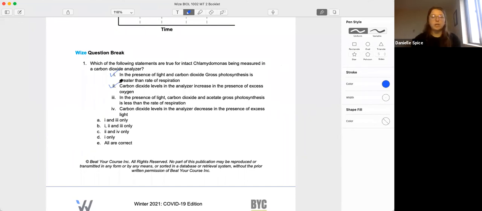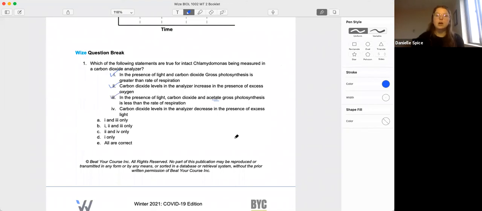Number 3: in the presence of light, carbon dioxide, and acetate, gross photosynthesis is less than the rate of respiration. Light and carbon dioxide are going to increase our rate of carbon fixation. But in the presence of acetate, because we're skipping the steps of glycolysis and pyruvate oxidation, we're likely going to be increasing the CO2 levels in the surroundings because we're going through the Krebs cycle really, really quickly.